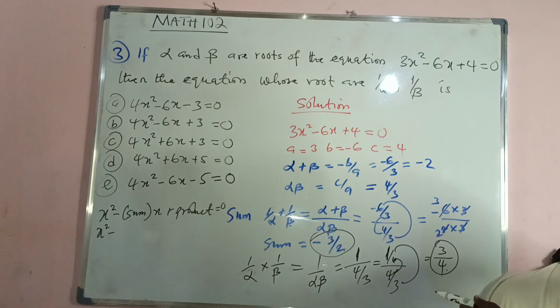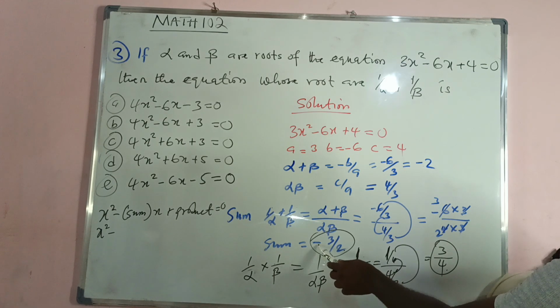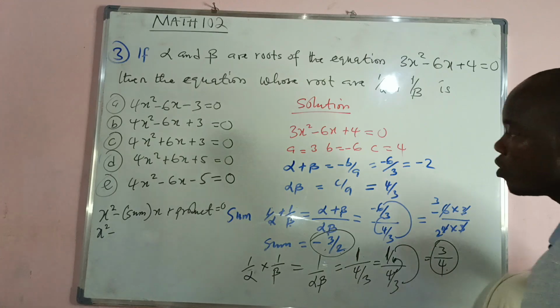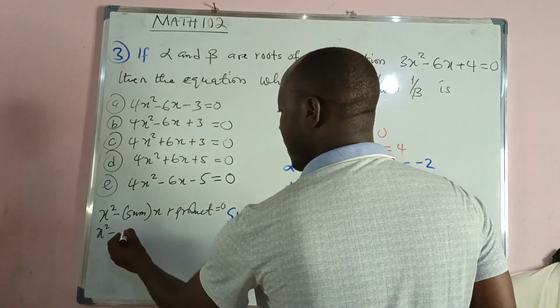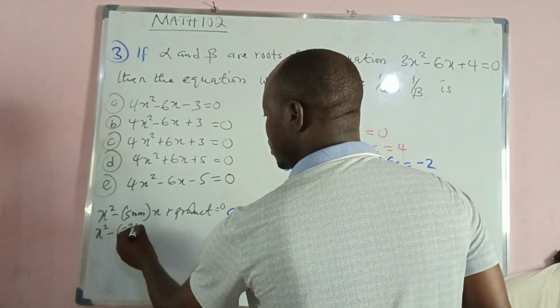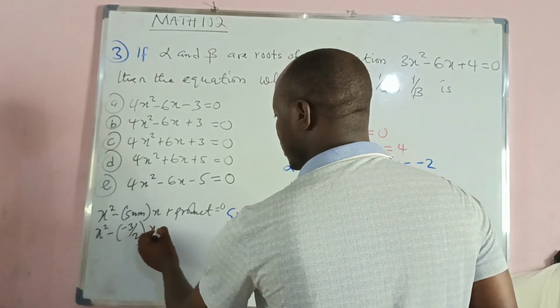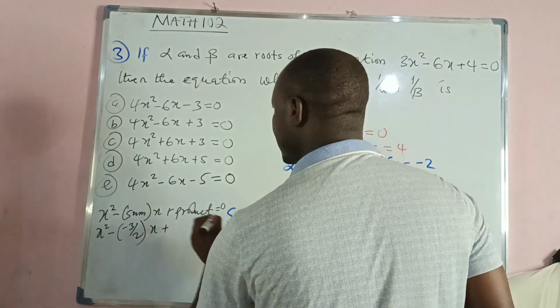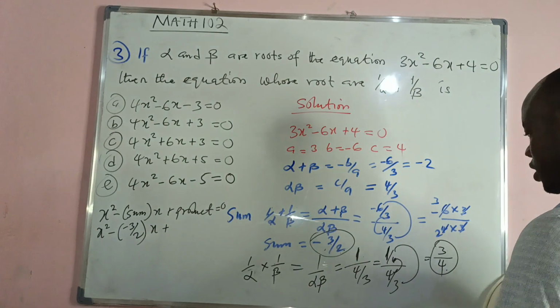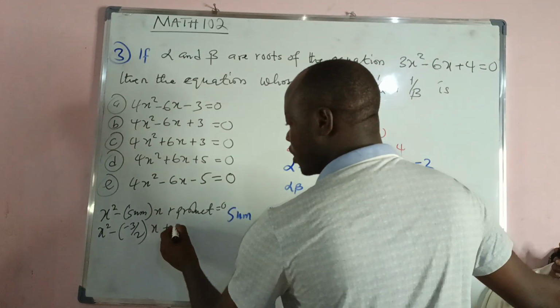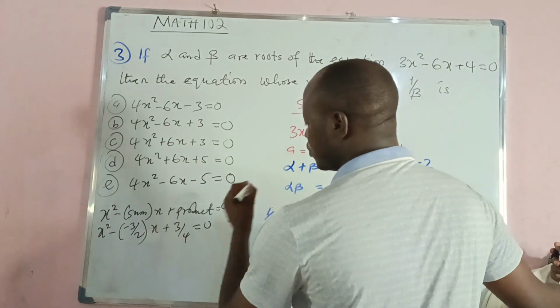Okay, this is the sum. So the sum is minus 3 over 2. So we have x squared minus minus 3 all over 2 x, and then plus the product, which is 3 over 4, is equal to 0.